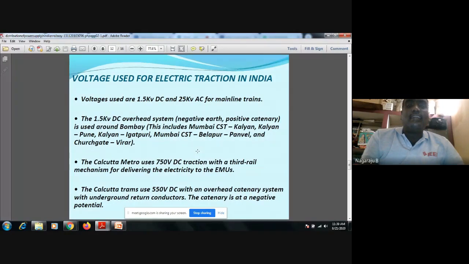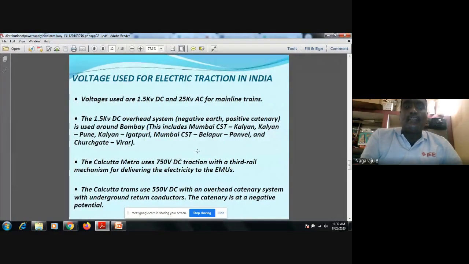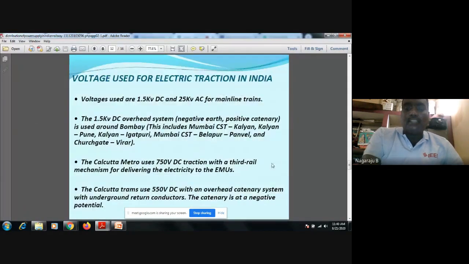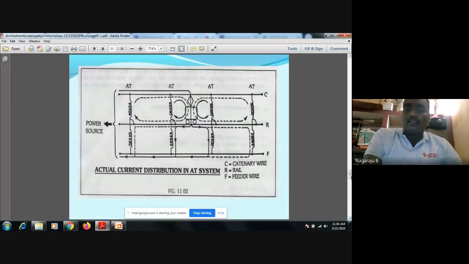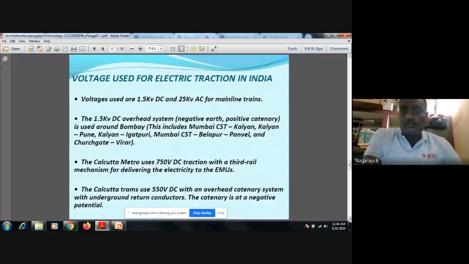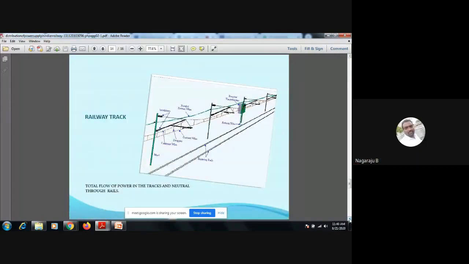In Calcutta Metro, 750 volts DC traction with a third rail mechanism delivers electricity to the EMU. Like this, we have 25 kV as well. You will study these things in the utilization subject. This is about the power track.